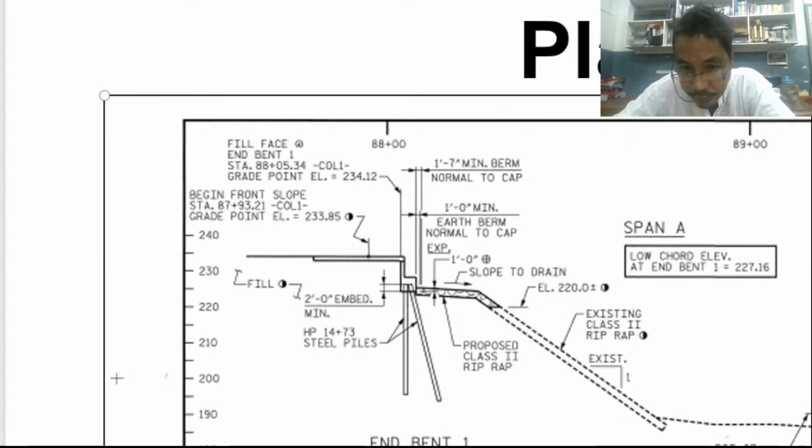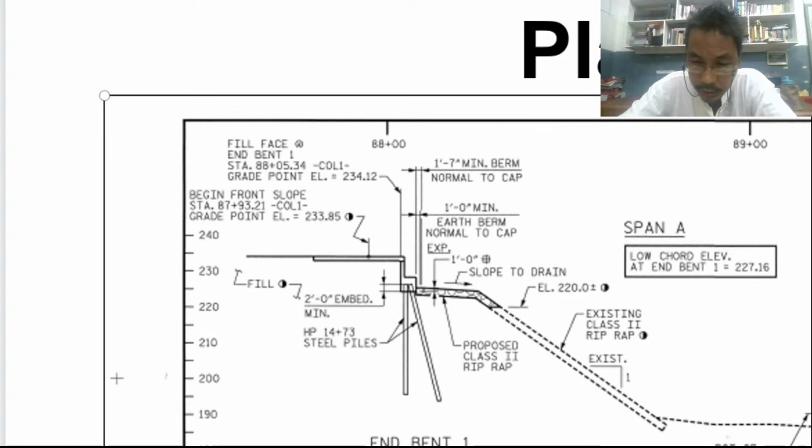Then we already know what we mean by steel piles. Okay, so there are parts of the bridge under the soil, and these are one of those parts.